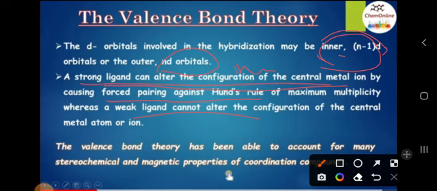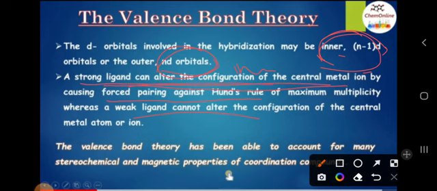So I think you have understood: strong field ligands undergo inner orbital hybridization and weak field ligands undergo outer orbital hybridization. For example, if you get d2sp3 hybridization, that is because of the presence of strong field ligands, and if you get sp3d2, that is because of weak field ligands.